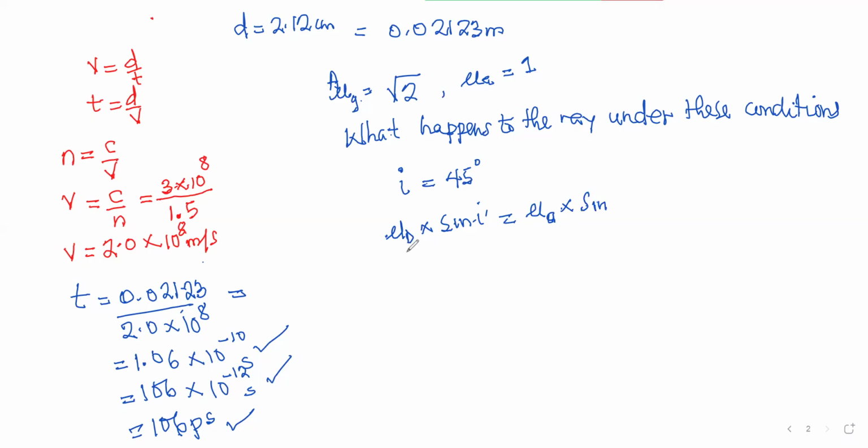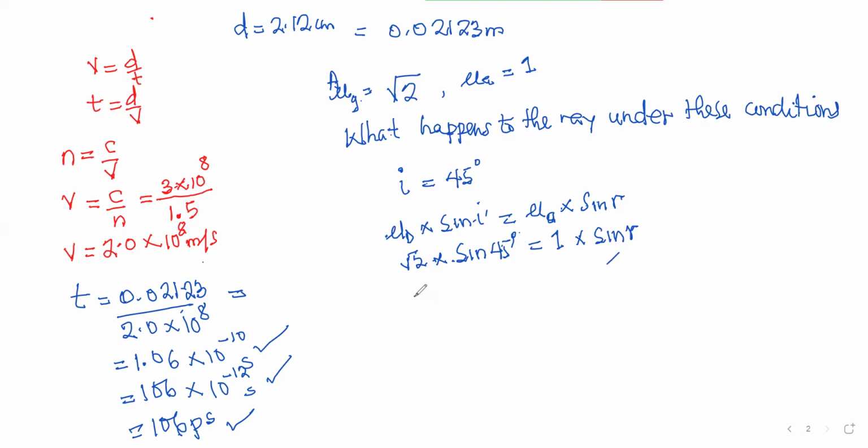This is √2, this is 45, and assuming we don't know the angle of refraction, r, √2 times sine of 45 will be equal to the refractive index of air, which is 1, times sine of r.